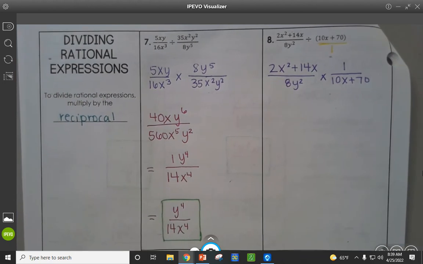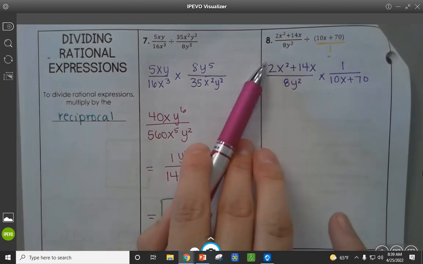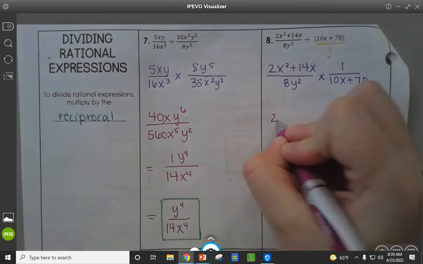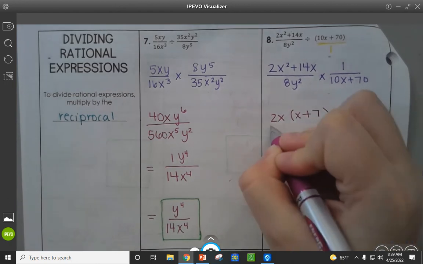So these are not all monomial, so we need to try to factor. Is there a GCF in the numerator? 2x. And I've got x plus 7.